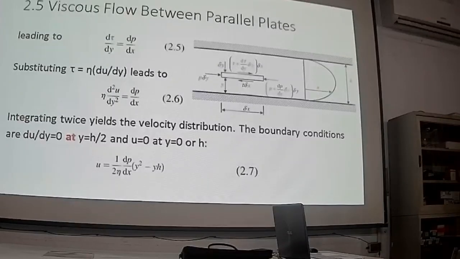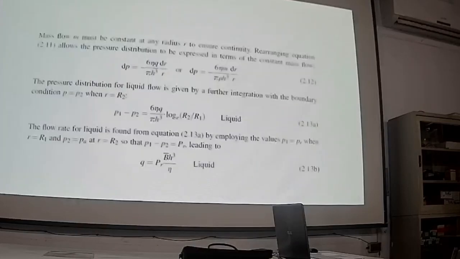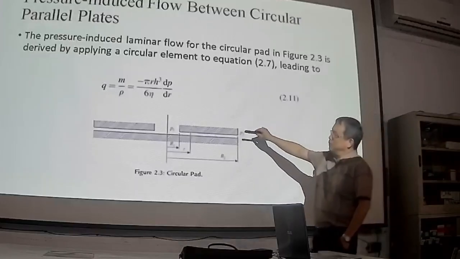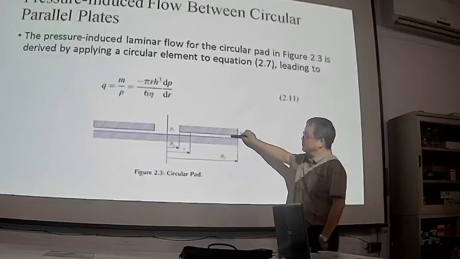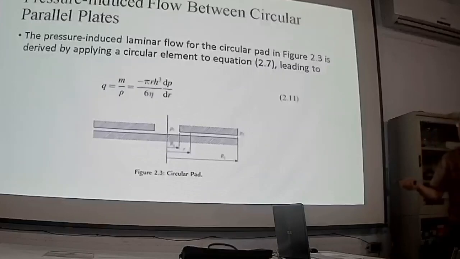So the full plate. So this is the flow rate outside the bearing. Okay. And now we'll give you this formula here.